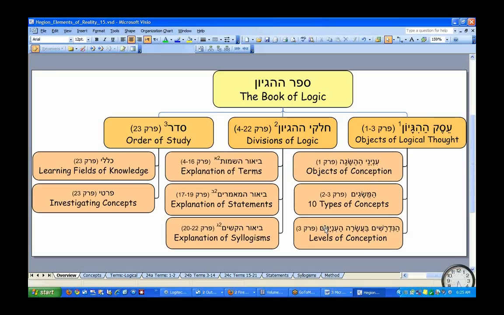The second section, which Hashem we were able to accomplish, was his explanation of various types of statements. And now we're into one of the big workhorses of learning, which is the syllogism. The syllogism is when we combine two statements together and we can then produce a third statement. Before, we were just handling single statements and their relationship to other statements and their inferences, but now we want to combine statements and see what results we get.